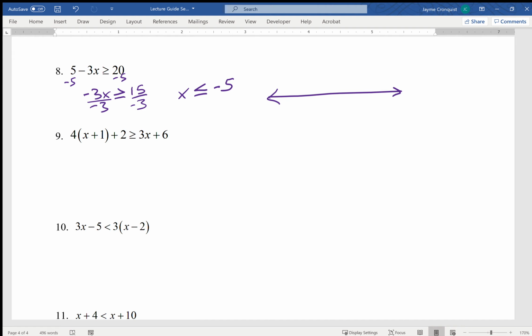So if x is less than negative 5, let's do negative 6. If I plug in negative 6, I get a positive 18. 5 plus 18 is indeed greater than 20. There we go. All right, so we'll put our 0 way up here. 1, 2, 3, 4, 5. Negative 5, and it's possibly equal to, so x is less than or equal to, so I open it in the negative direction.